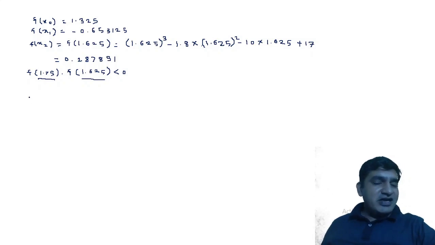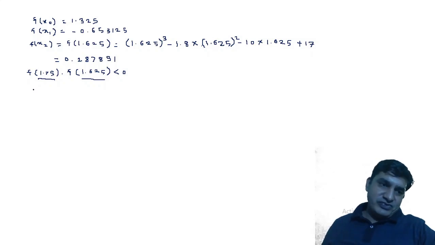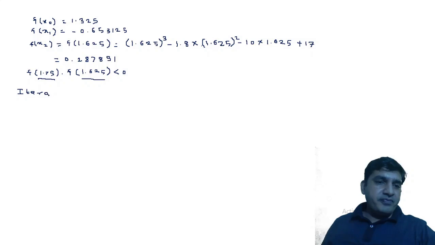Now replace x0 by 1.75 and x1 by 1.625. So iteration 4, very simple.